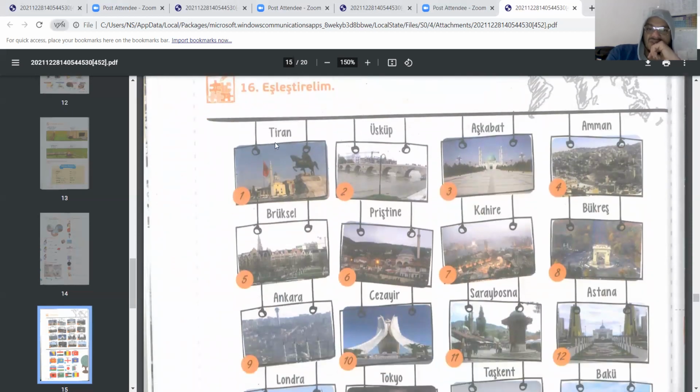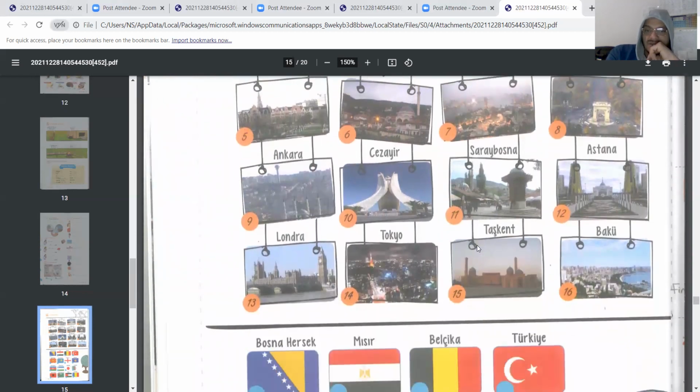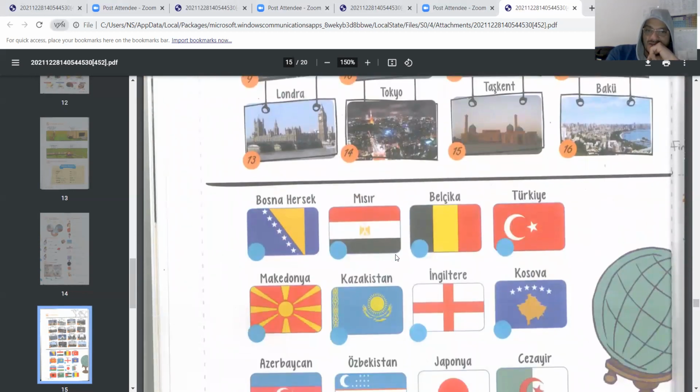Here, Tiran, Üsküp, Ashgabat, Amman, Bucharest, Tokyo and many cities like that.